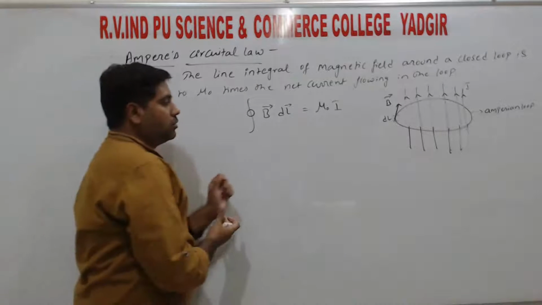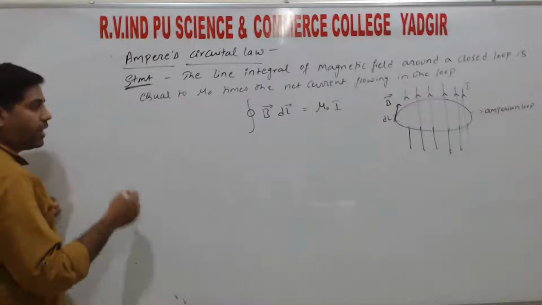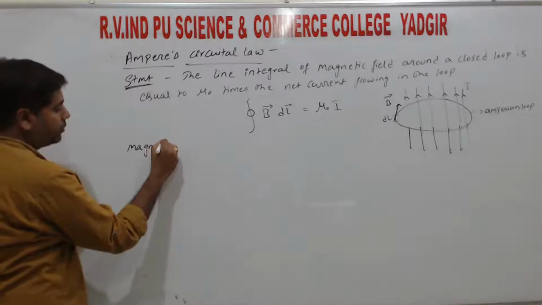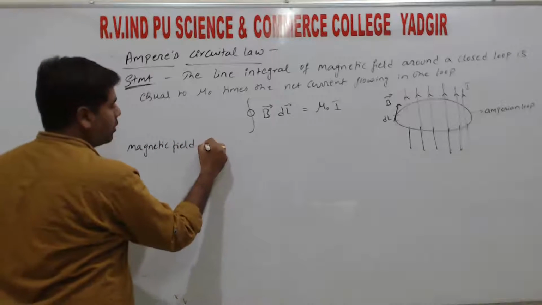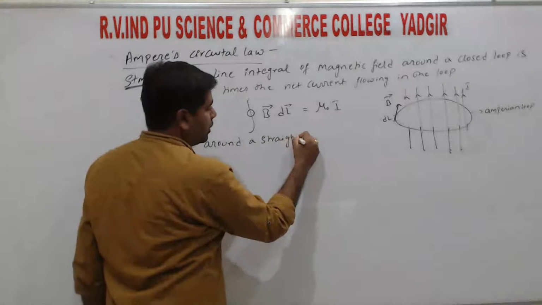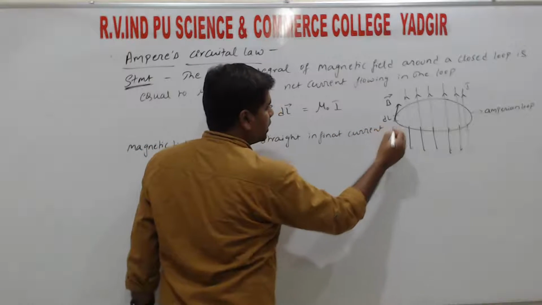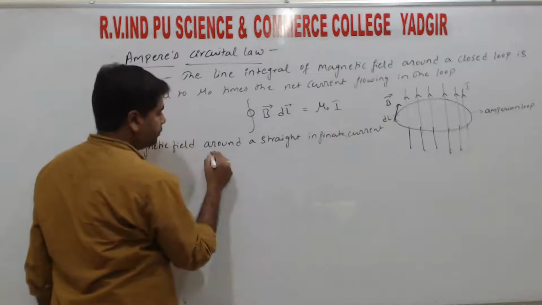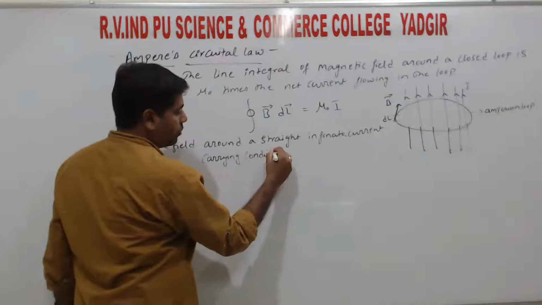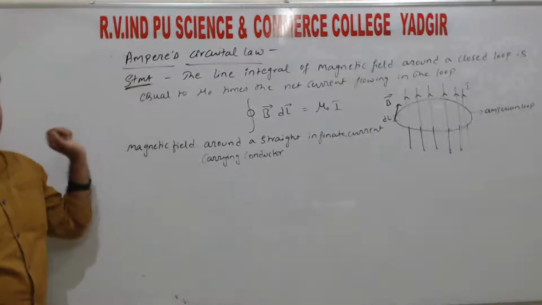So one derivation we have to find is the magnetic field around a straight conductor, an infinite straight current carrying conductor, by using Ampere's circuit law.